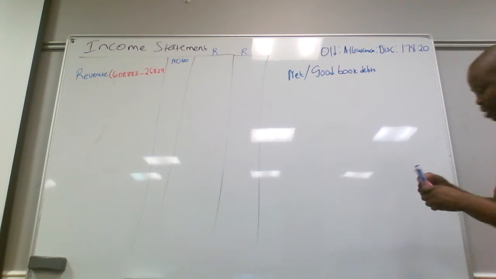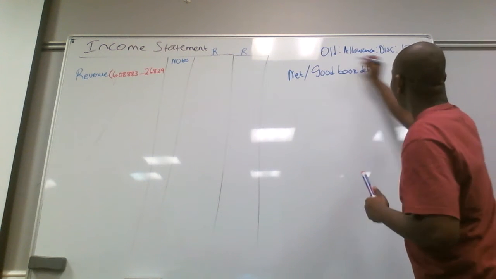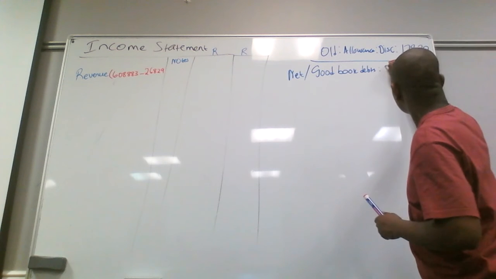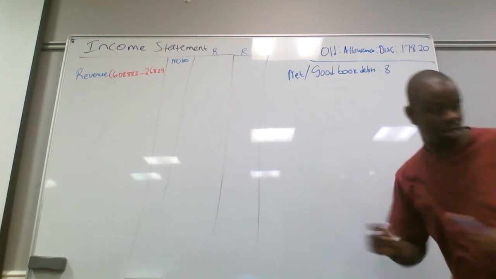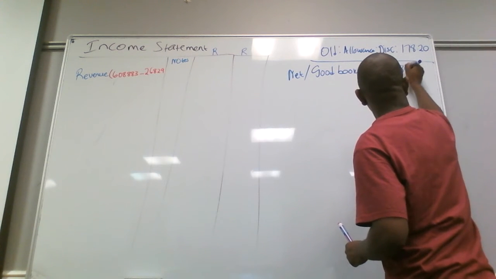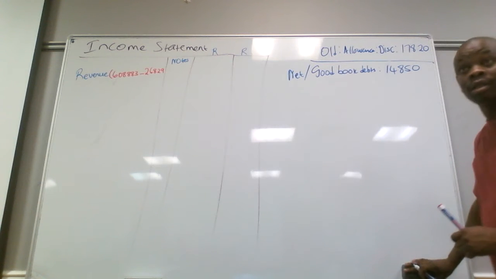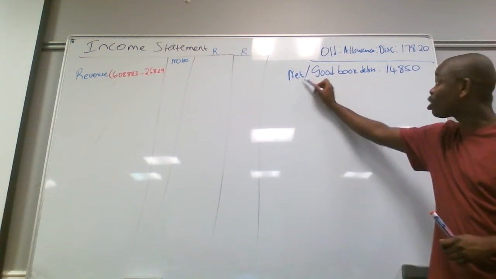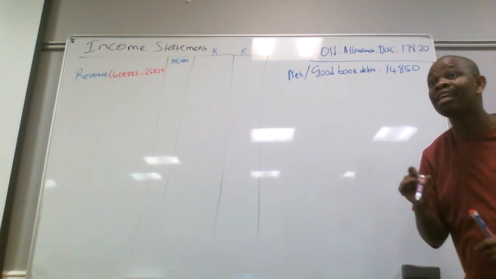Give me the debtors amount, please. Remember, I'm just calculating now. Can you see? But before I can call this net or good, I need to check from the information.